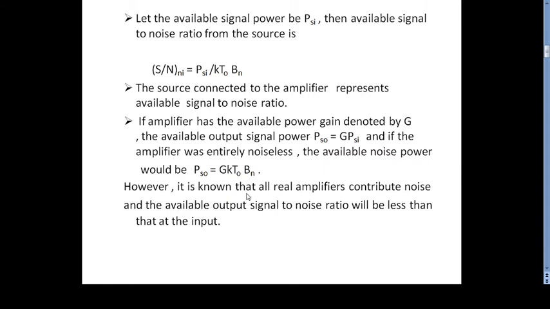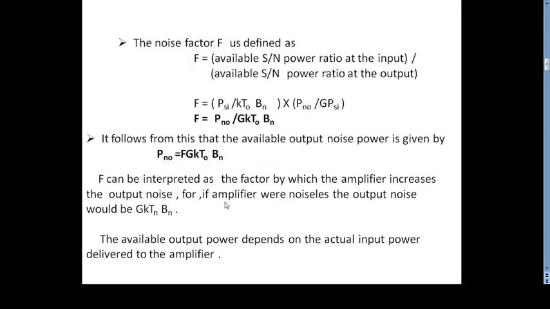It is known that all real amplifiers contribute noise, and the available output signal to noise ratio will be less than that at the input. Then how can we define noise factor? Noise factor is denoted by capital letter F. It is the available signal to noise ratio at the input divided by the available signal to noise ratio at the output.